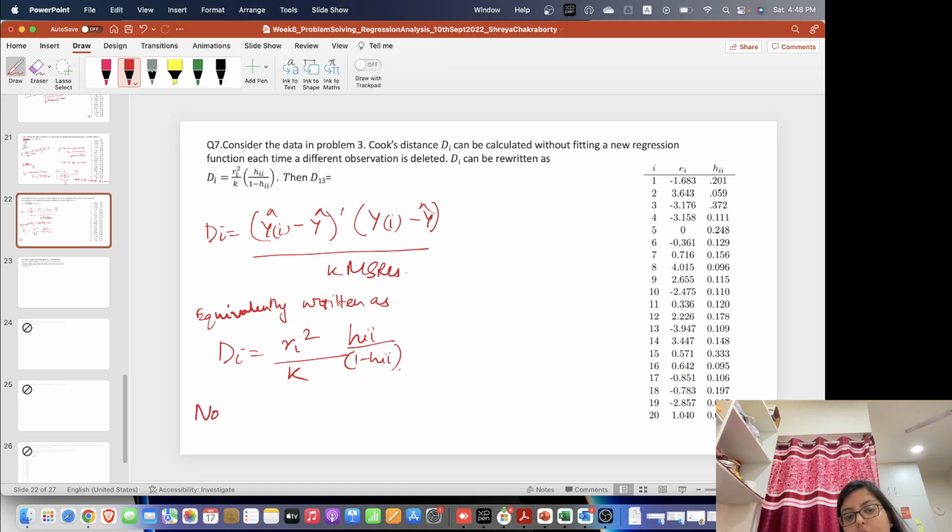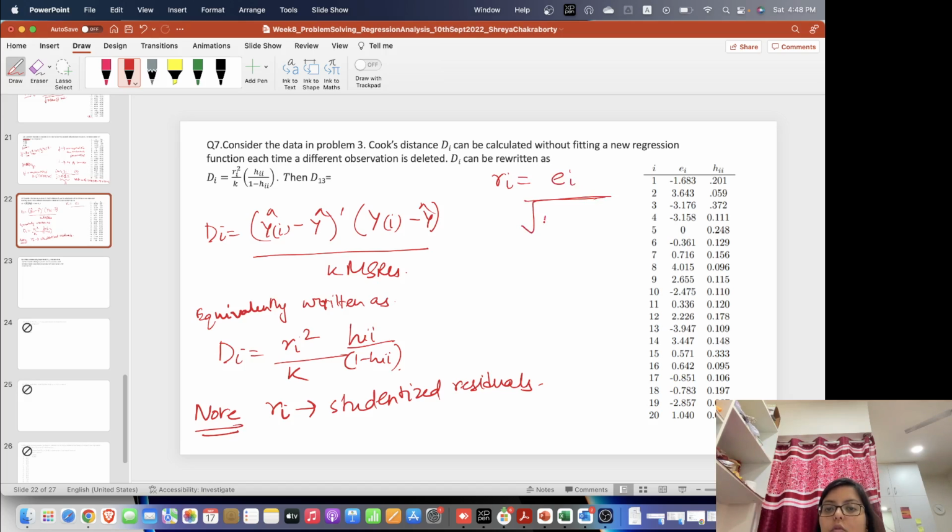Now one thing we have to note here is that this ri, if nothing else is mentioned, is nothing but the studentized residual. So ri is ei by root over ms residual into 1 minus hii.